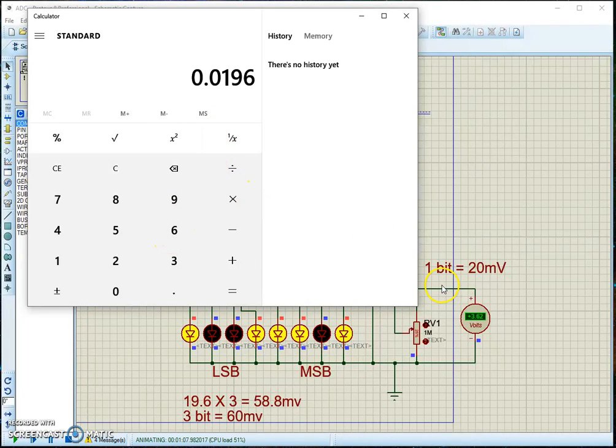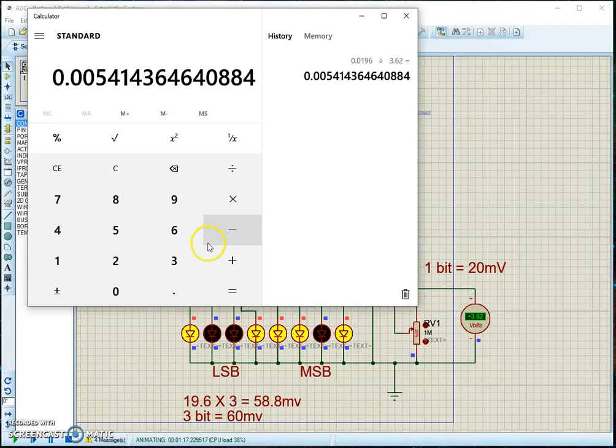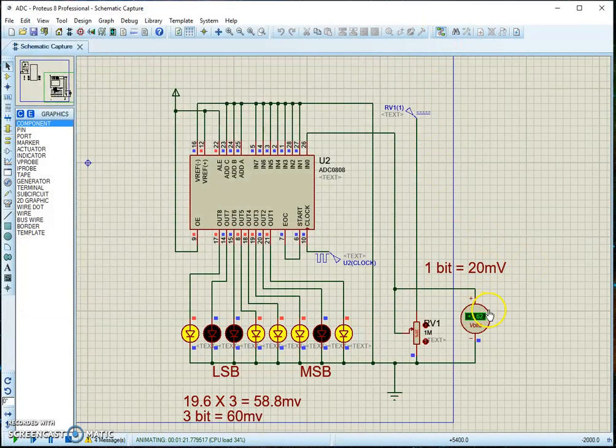Okay, so if we want to know what bit represents 3.62, this is divided by 3.62. We are going to have, oh, wait a minute. Oh, sorry, I got it all wrong. I should have used a digital calculator. Let me calculate on my calculator here.